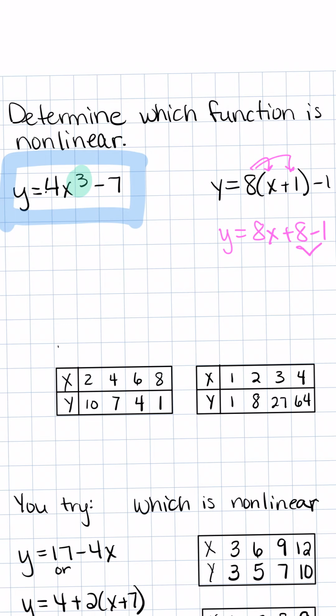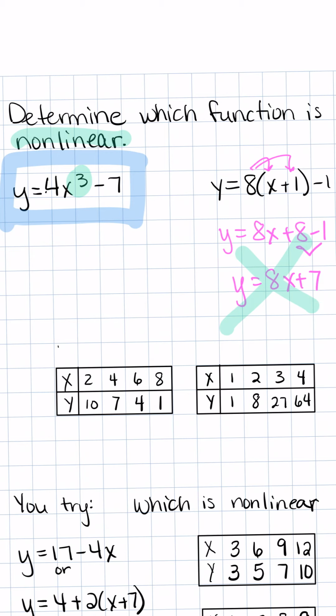Combine like terms, y equals 8x plus 7. That doesn't meet any of the criteria with exponents. Therefore, this one is linear. So it's asking us which one was nonlinear. This one is linear, so that one is not nonlinear.